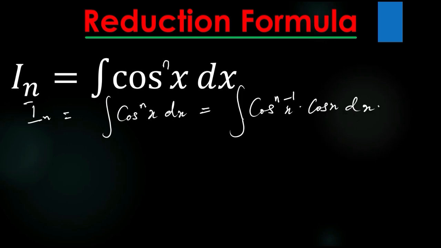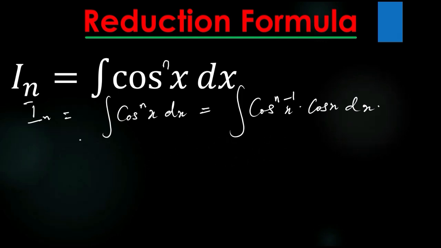This is just simple indices. If I have x raised to power n minus 1 times x, that is the same as x raised to power n minus 1 plus 1, which equals x raised to power n. That's the same thing we have done here.